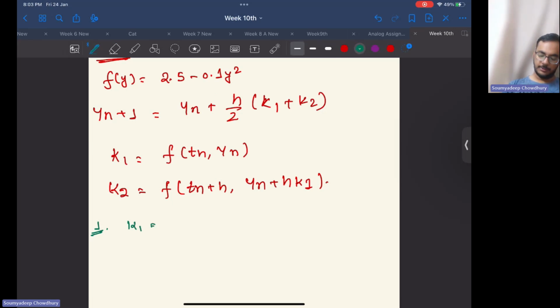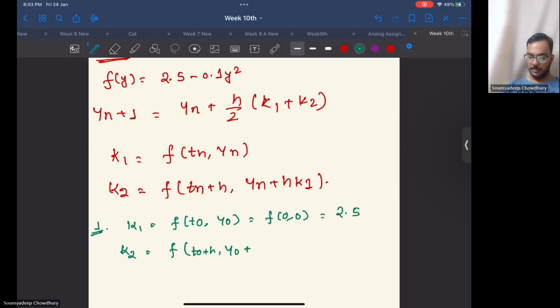So k1 for the first step is f of t0 comma y0, that is f of 0 comma 0, which is 2.5, and k2 is f of t0 plus h and y0 plus h times k1, that is 2.5h. t0 is 0, h is 0.5, y0 is 0 plus 2.5 into 0.5, that is 1.25.